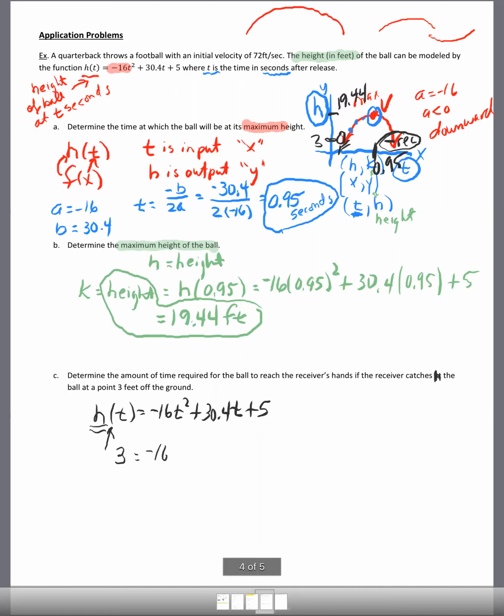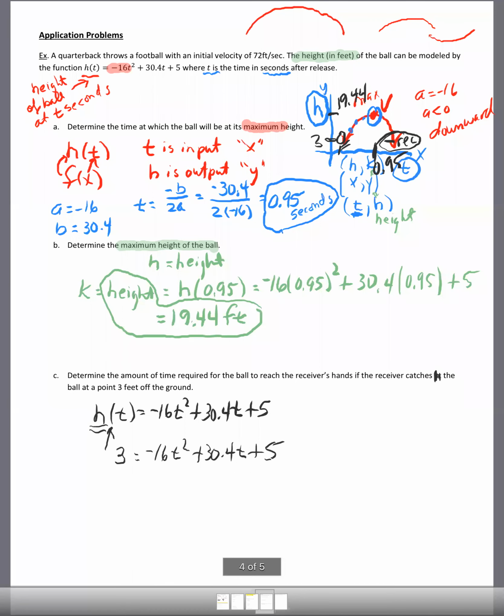So I know that this equation has to equal the number 3. This is a quadratic equation. We are going to get 2 answers. You and I are going to have to figure out which one of those 2 answers makes sense for the receiver.